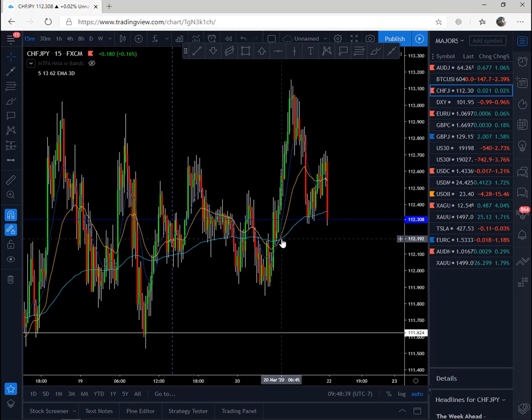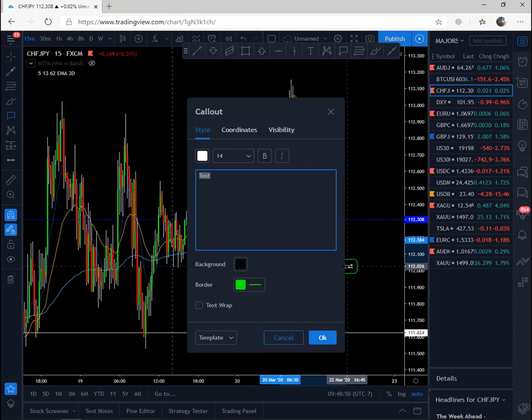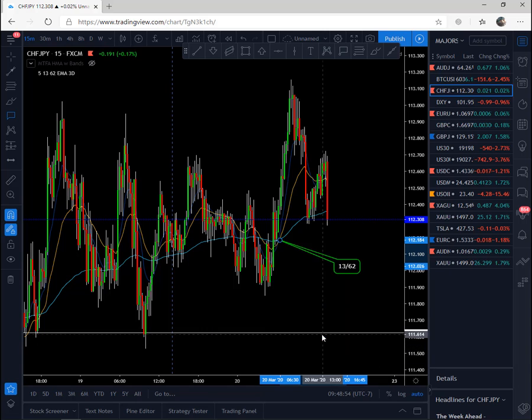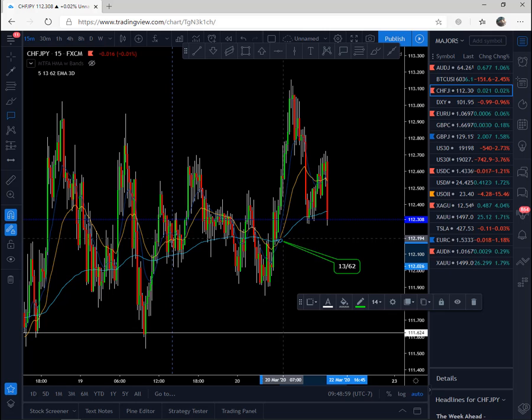Okay, so this is where I have my 13 and 62 cross. And this 13 and 62 cross is from the 30 minutes, although I'm on the 15 minutes.